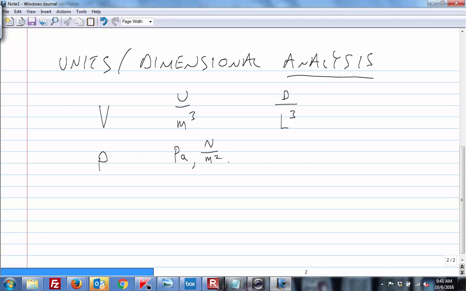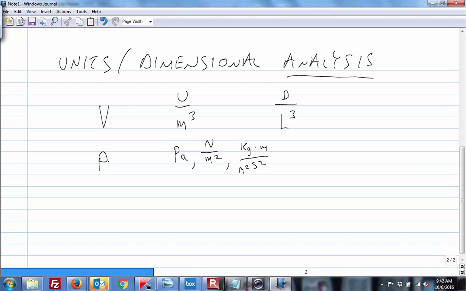And if we break down newtons even further, a Newton is a kilogram times a meter over a second squared. So the dimensions on pressure are a little more complicated. That's the Newton, and then we divide by meters squared again.